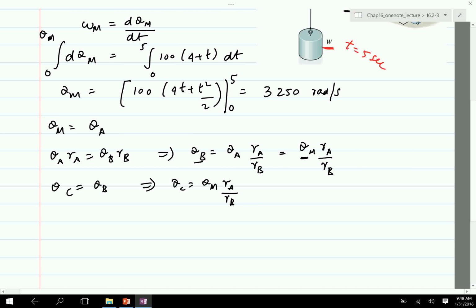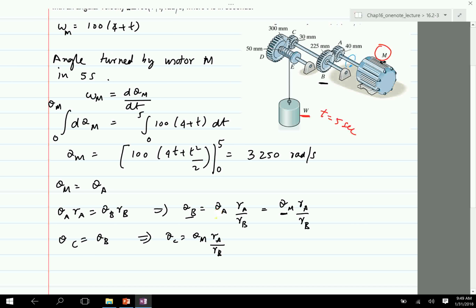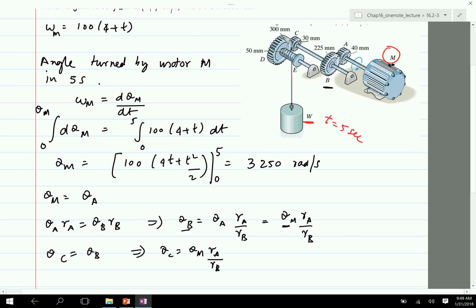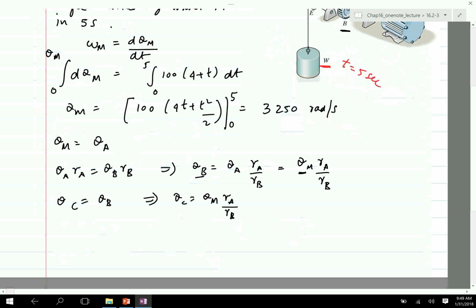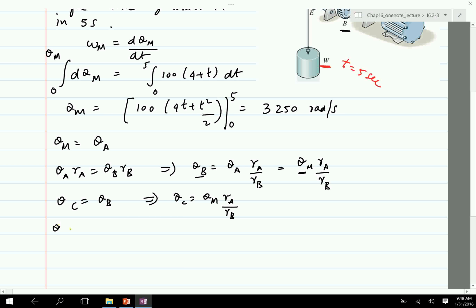Now if I want to go from C to D, between C and D there's a gear, so I need to use that formula again. Theta C Rc is theta d Rd. So this gives me theta d is theta C Rc divided by Rd, but I know what theta C is.